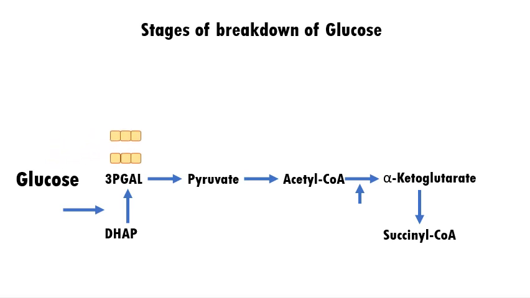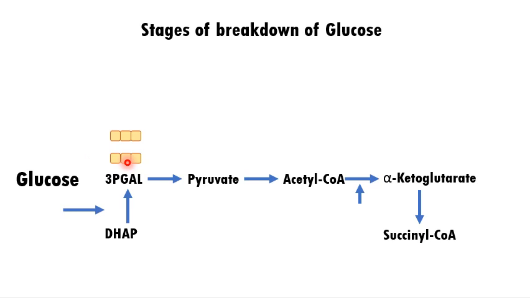a cleavage reaction, which makes a 6 carbon compound into 3 carbon compounds. Later, in the 5th reaction, isomerization takes place, and 3-phosphoglyceraldehyde will be the molecule which continues the glycolysis.